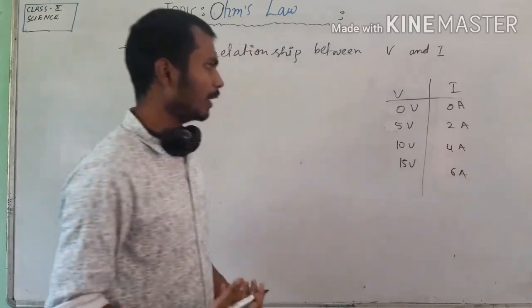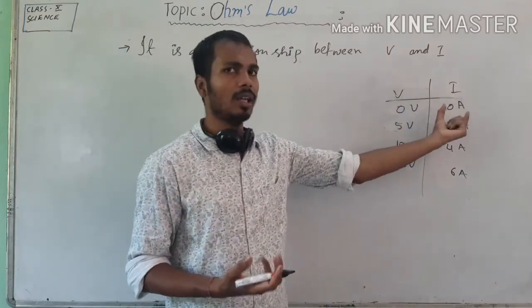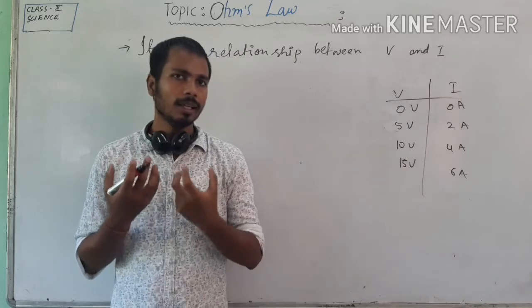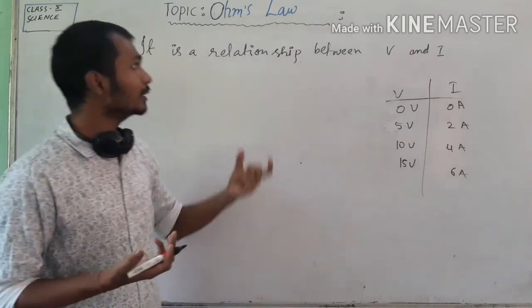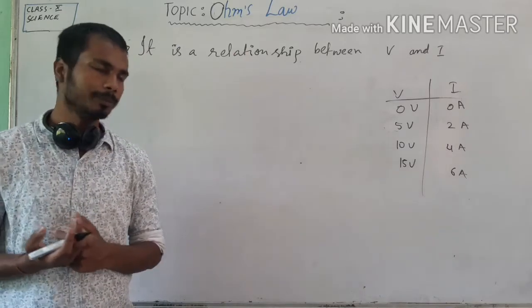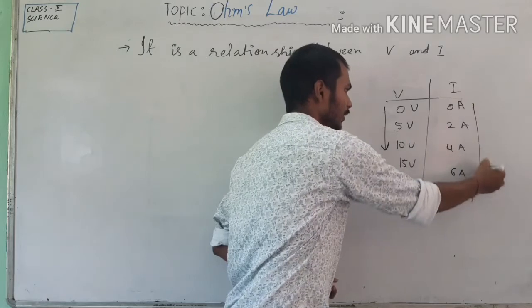In this way he found that there is a relation between V and I when we consider a conductor, that is, a conductor which obeys Ohm's law. When V increases, I also increases.